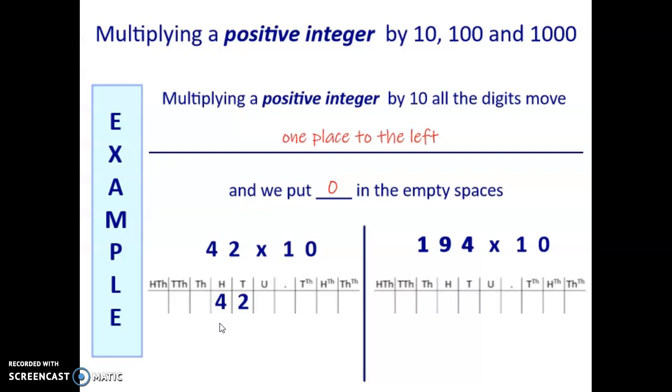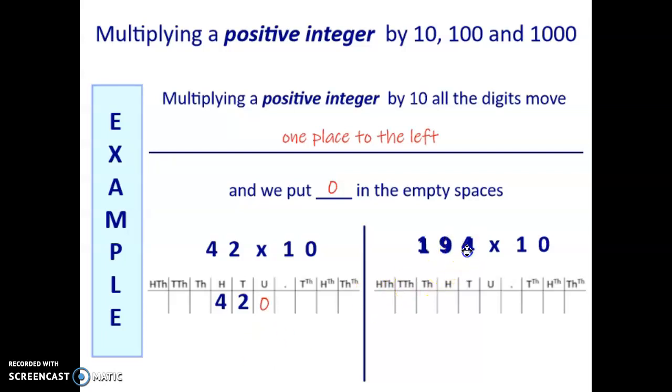What do I need to put under the units column? That's right, I need to put a 0 for a placeholder. So 42 times 10 is 420. Let's look at the second example. The second example says 194 times 10.